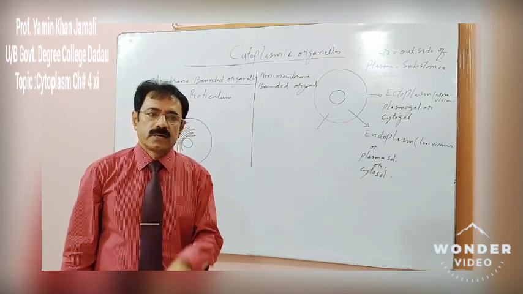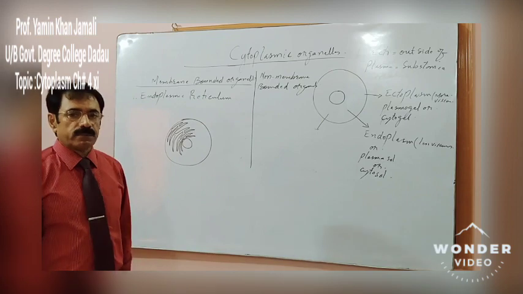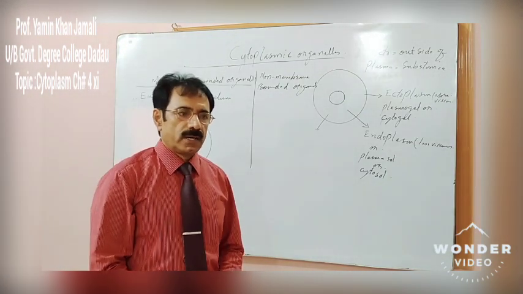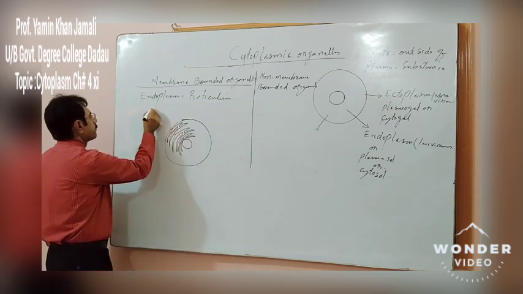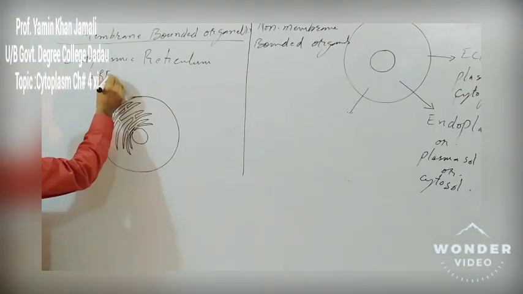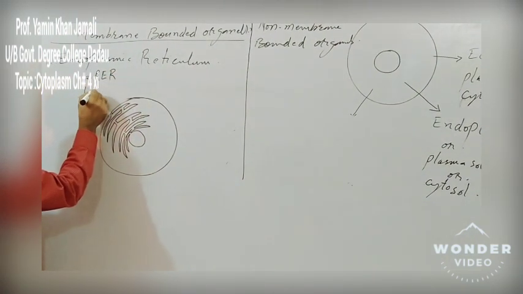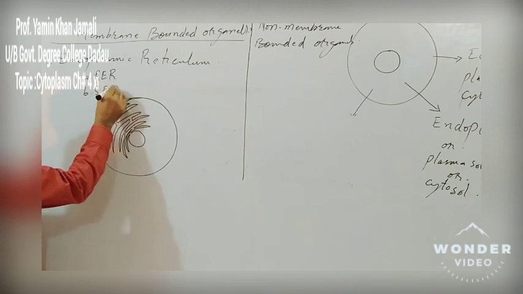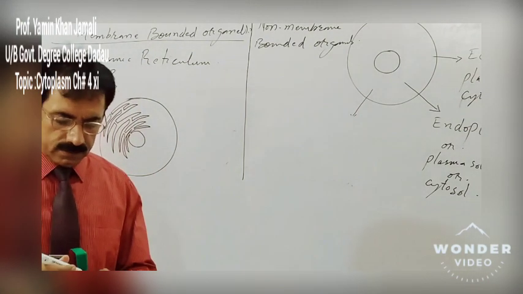the substances. There are two types of endoplasmic reticulum: number one, rough endoplasmic reticulum, and number two, smooth endoplasmic reticulum.